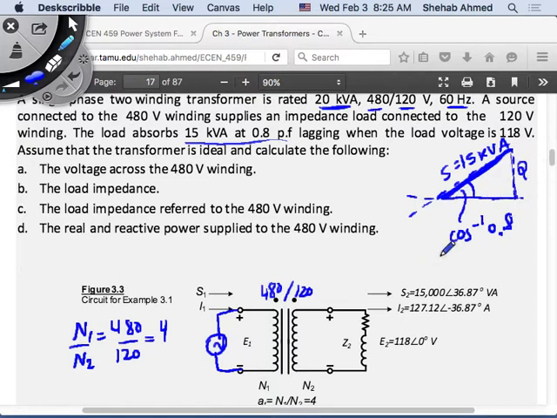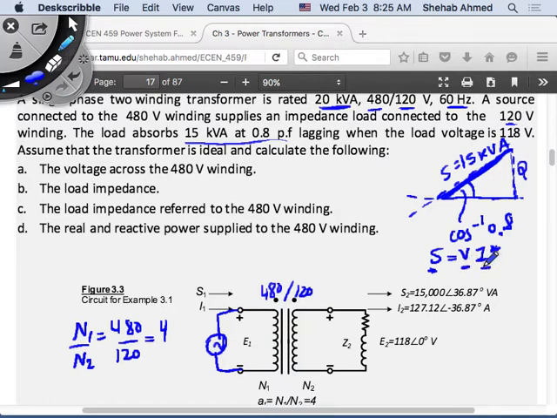I also know this is a single phase load, connected to the 120 volt bus. So I know the voltage on my secondary side as well. So from S equals V times I conjugate, right? Knowing S, 15 kVA, and knowing V, I can calculate I as well, right?